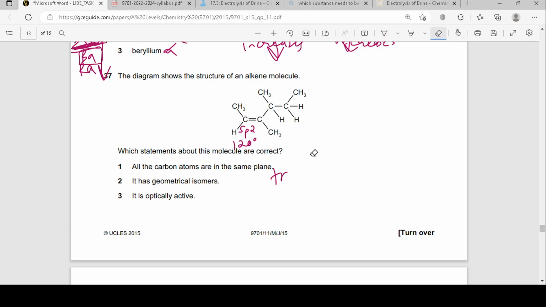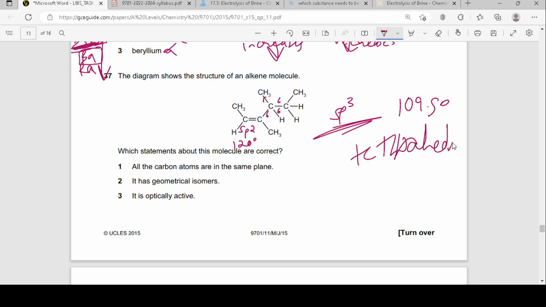But that's not the only hybridization you have in the molecule. For example, over here you have four sigma bonds and zero lone pairs, so that's sp3 hybridization. That is 109.5 degrees, and that is a tetrahedral structure. So that's not in the same plane.